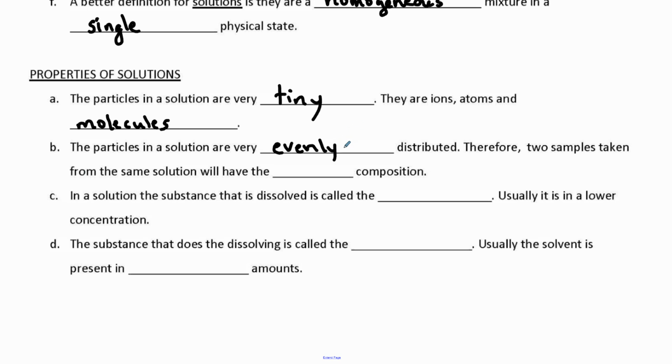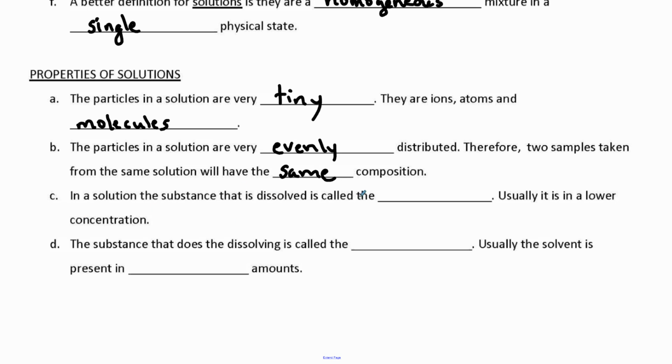Okay, so it's not like you have a clump of salt over in one corner and the rest of the solution is water. The salt particles, which we'll soon see are actually the ions, sodium and chloride, are evenly distributed throughout the entire beaker of salt water. So if you take 2 samples from the same solution, they will have the same composition.